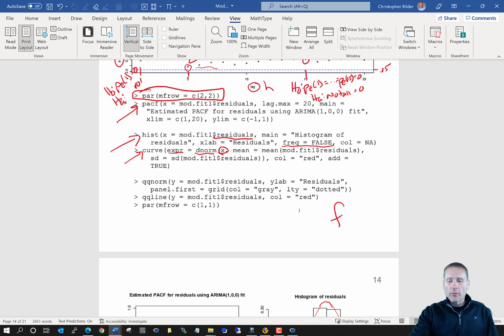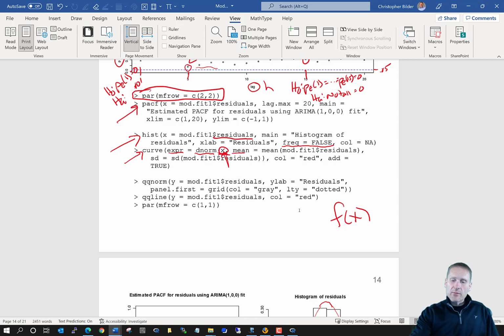In other words, what we normally think of as f of x in a mathematical statistics course. I'm going to evaluate it at these equally spaced x values. This has to be the letter x for the curve function to work.